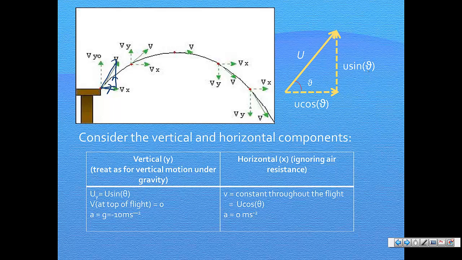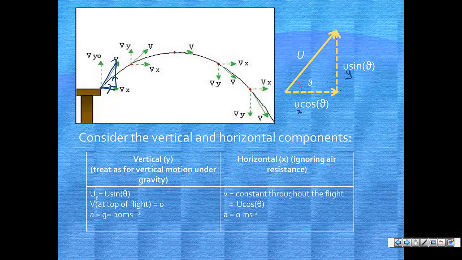Your velocity vector can be resolved into the two components. The horizontal component is u cos theta, and I've called it u because it's the initial velocity, and that would be the vertical component. So u cos theta would be the horizontal component and u sin theta would be the initial vertical speed.